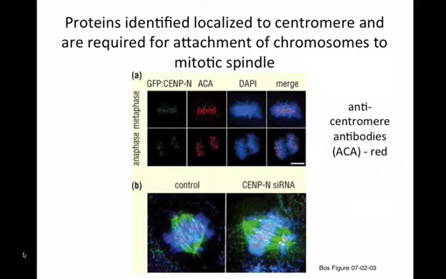But instead what you see is a number of your chromosomes are lined up at metaphase like they should be, but all over here you also have chromosomes with unattached kinetochores or centromeres, I think it's still the centromere antibody here. So they shouldn't be there. They should all be lined up.